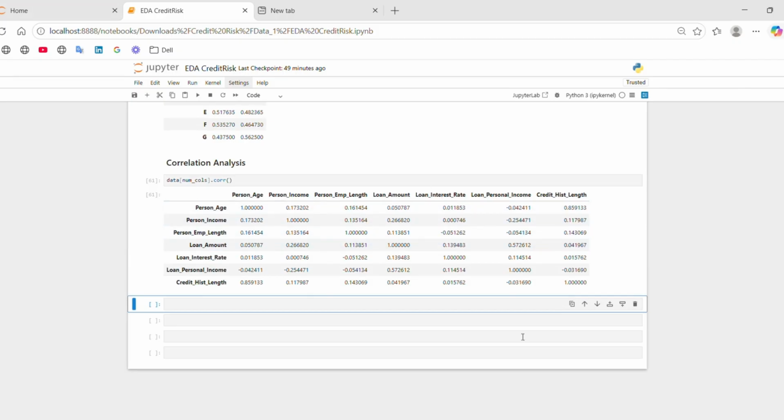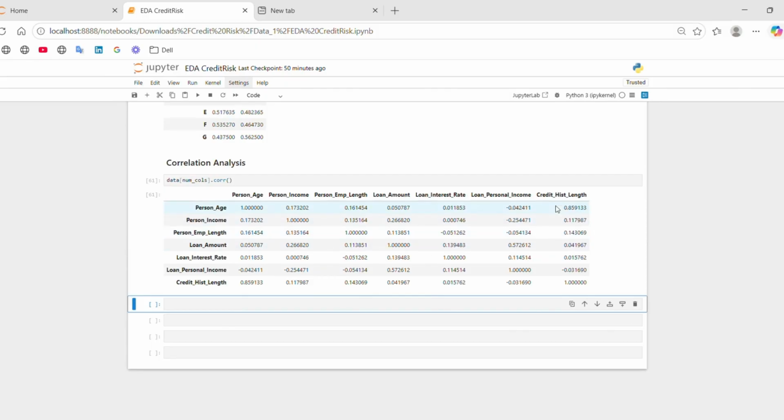So let's quickly go through what exactly the correlation analysis shows. Most correlations are low to moderate. You can see very low values to medium values, and for high correlation, person age with respect to credit history length has the highest correlation.